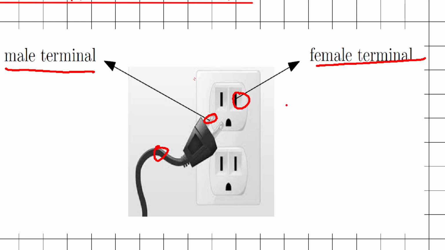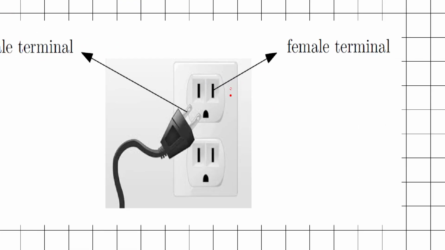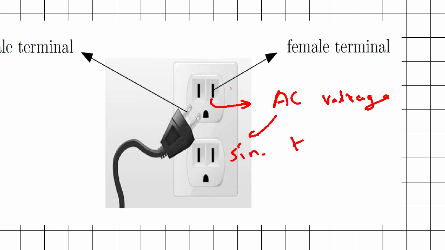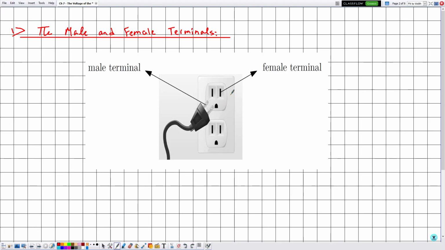As a side remark, since we don't distinguish between the positive pole and the negative pole, the first thing that we can say is that the type of this voltage is AC voltage. Yet we don't know whether this voltage is sinusoidal, triangular, or even square. Later we will discuss these properties.